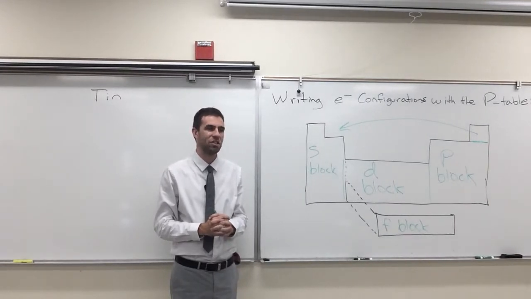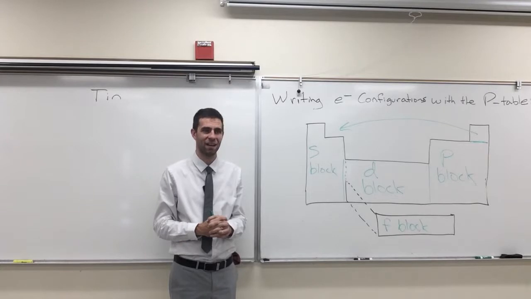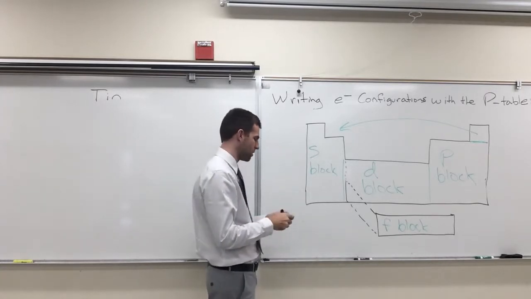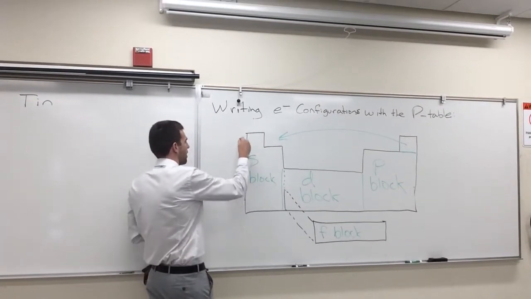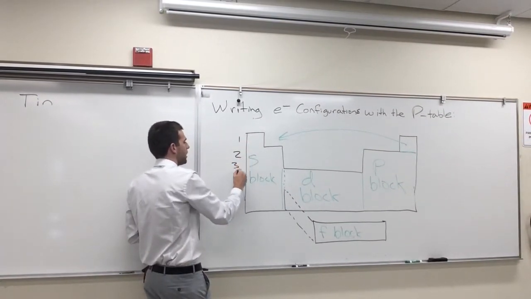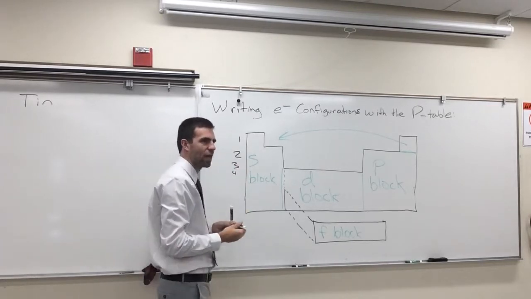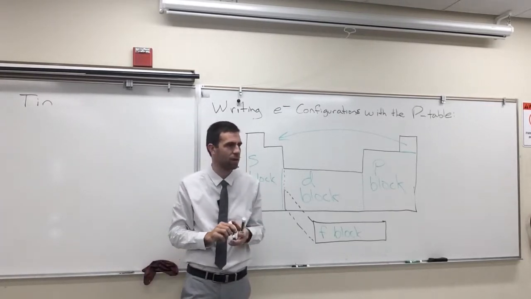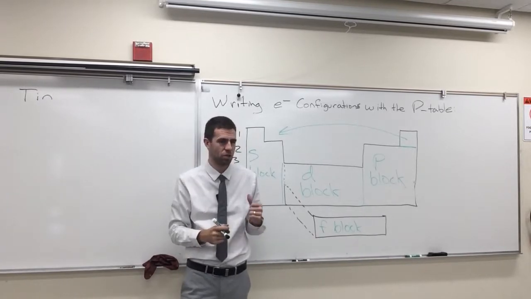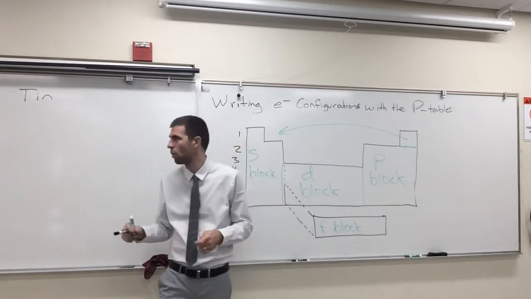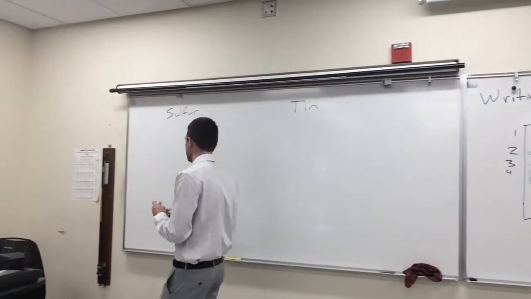Okay. So let's use this to write electron configurations. What is the top row, by the way? We have 1, 2, 3, 4, and so on and so forth, right? So let's use this and write an electron configuration. We're going to first start with sulfur, and I'm going to show you how this works using these blocks. So, sulfur.